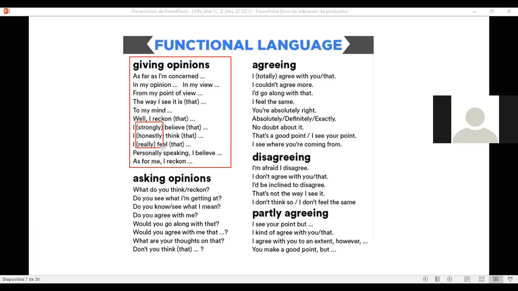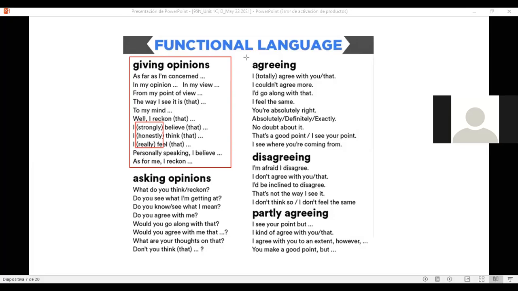Es como decir, no es lo mismo decir yo creo que decir yo verdaderamente creo que, ¿sí? I strongly believe that, or I honestly think, honestamente yo pienso que, estamos dándole un poco más de fuerza a nuestra opinión. I honestly think.